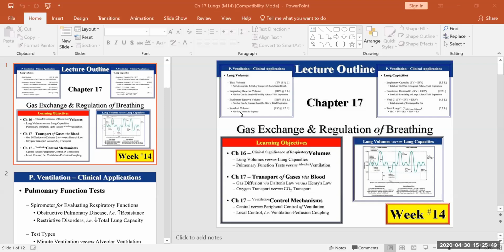So we cannot afford to lose that volume. You lose that volume, your lungs collapse. So that's the basic definition of the 4 lung volumes: tidal volume, inspiratory reserve volume, expiratory reserve volume, and residual volume.